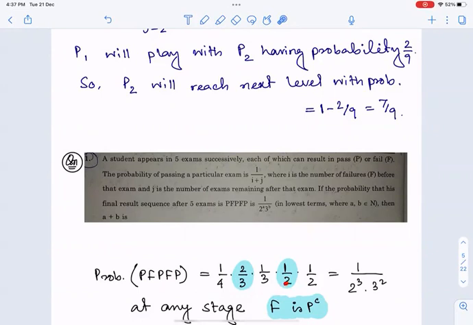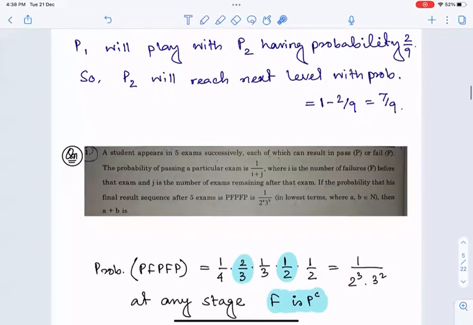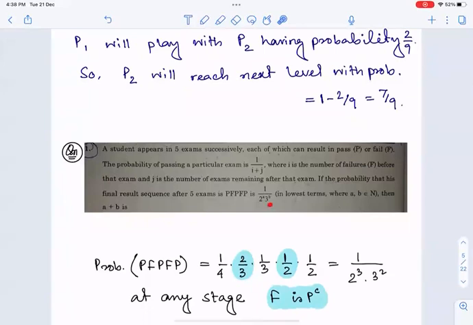Similarly, this is the probability of failure in the fourth round given pass, fail, pass in the first 3 rounds. And this last half is nothing but the probability of pass in the last round given the trail behind that, which is pass, fail, pass, fail. So calculating and simplifying, we have 1 by 2 cube into 3 square. So that means over here, A plus B is going to be 5.